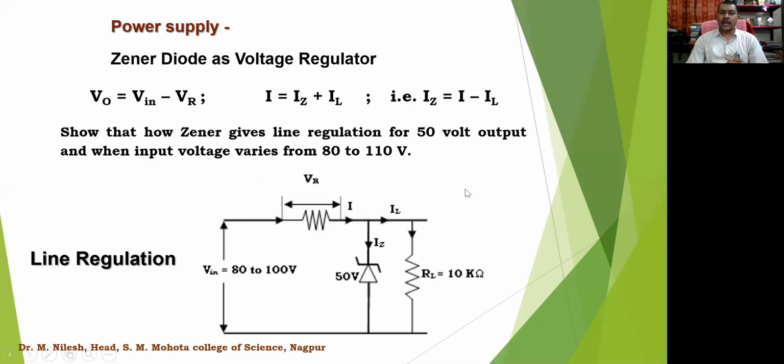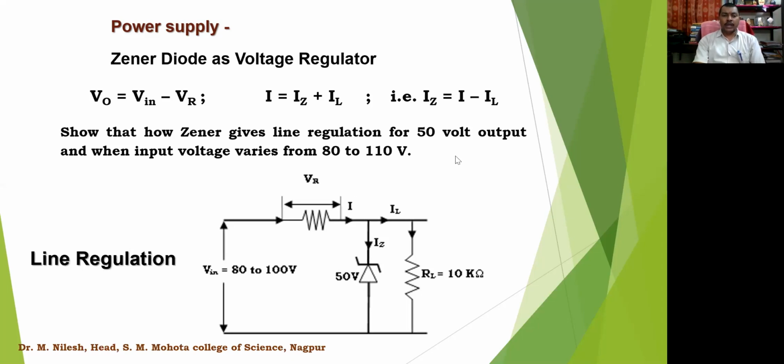Now yesterday we started with the Zener diode as voltage regulator, and in that we were trying to solve the equation for how a Zener diode can be used as a voltage regulator circuit.